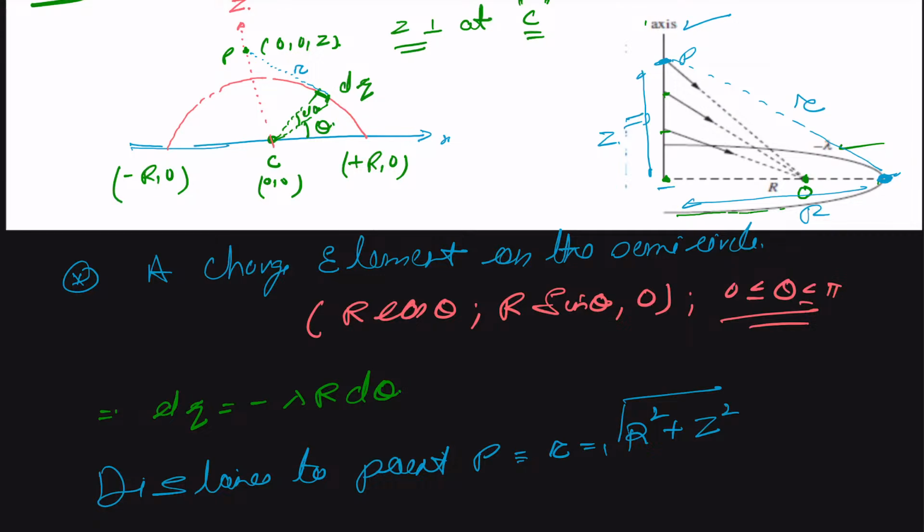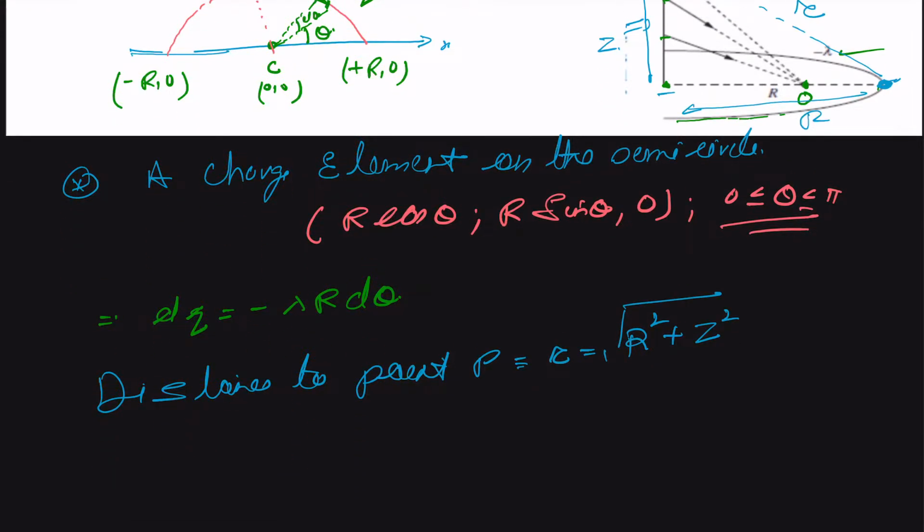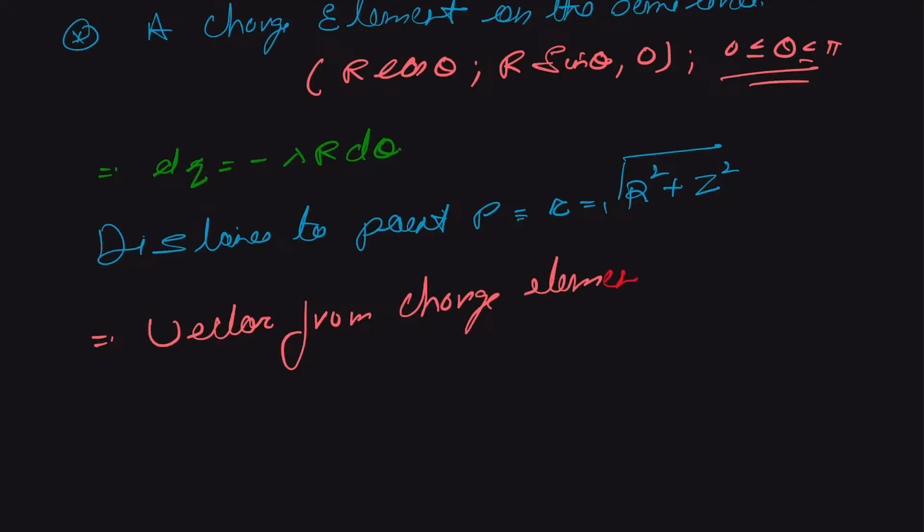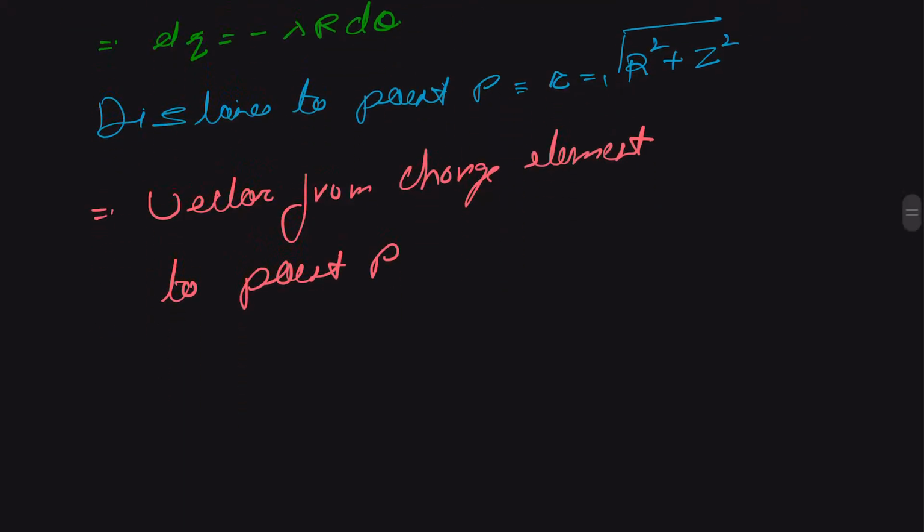From here it is more clear, and we can find the vector from the charge element to point P. Let us call this our r vector.